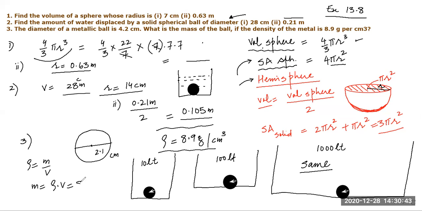Density is 8.9 gram per centimeter cube. Simply multiply density by the volume. Volume will be 4 by 3 pi r cube, where r is 2.1 centimeter. If you just do it, you will find the mass. Very good.